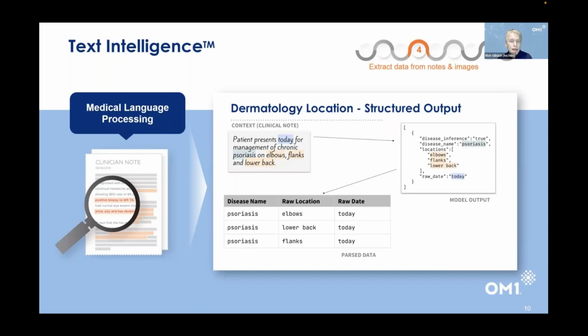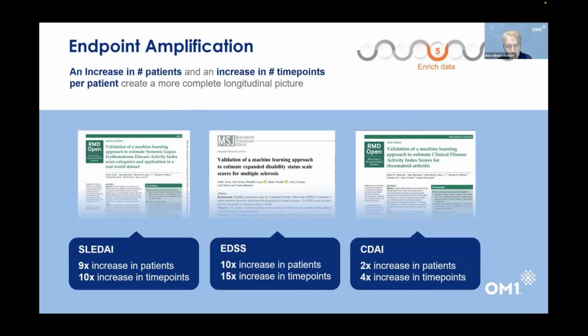What's really interesting is that this capability not only performs at about the same level as abstractors in terms of accuracy, and maybe even a little better, but the recall or the ability to find the information in and among thousands of charts is better using the machine. So we get more data points when we leverage the machine, even than when we leverage abstractors.